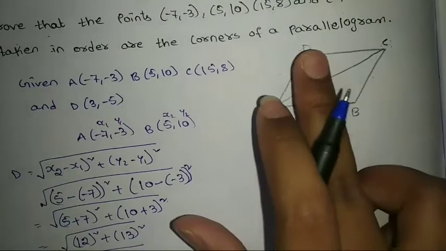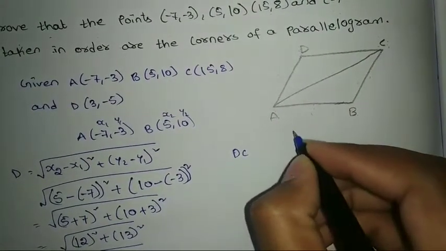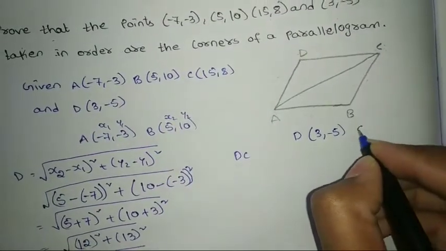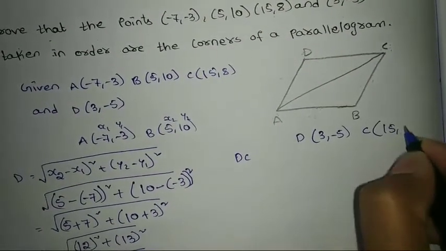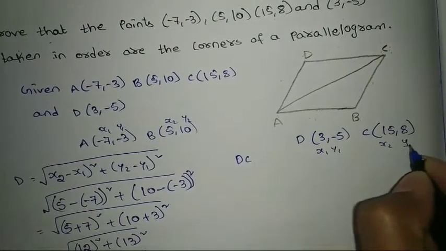Now we have to find DC distance. DC. So D values are 3 comma minus 5 and C is 15 comma 8. So this is x1 y1 x2 y2.